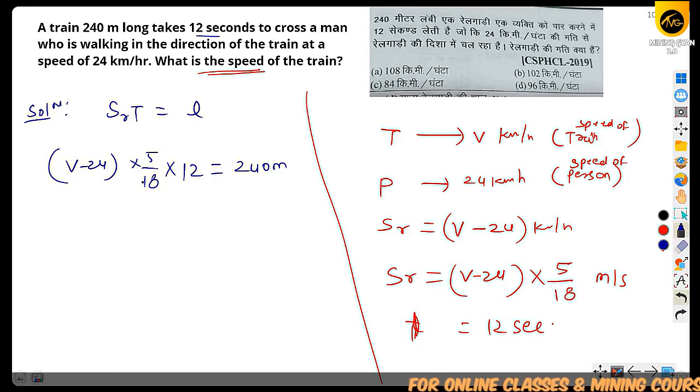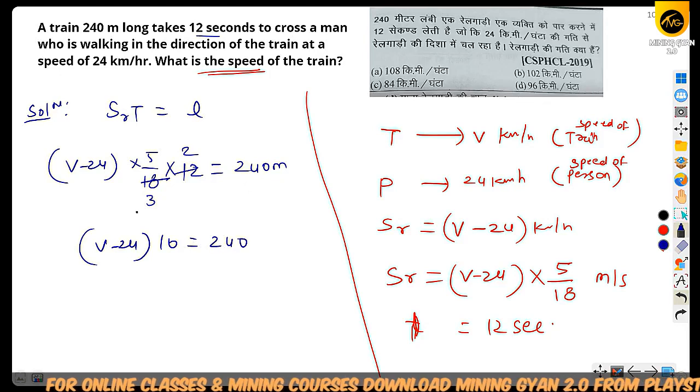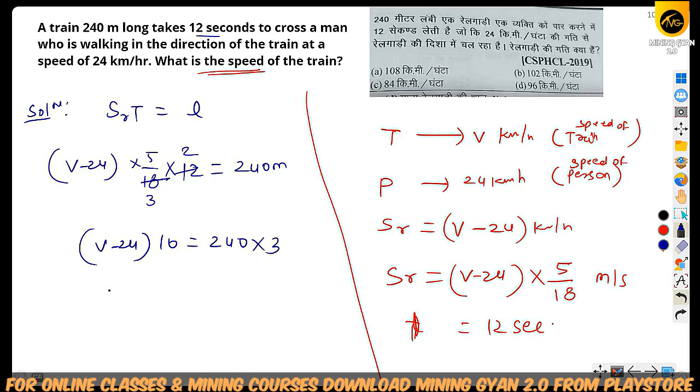So 6 threes are 18 and 6 twos are 12. So (v minus 24) into 10 divided by 3 is equal to 240, and you can transfer the 3 to the right-hand side and multiply. Now 10v minus 240 is equal to 240 into 3, which is 720.